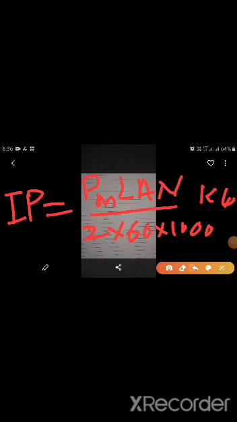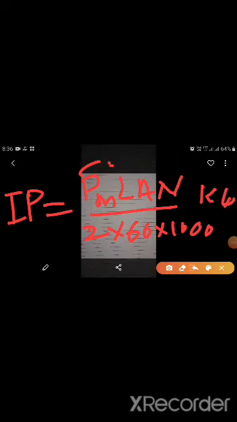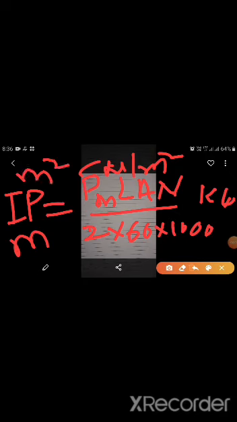So this is the formula for the 4-stroke engine, in which PM is substituted in Newton per meter square, L is substituted in meter, A is substituted in meter square, and N in RPM. So IP equal to PM LAN divided by 2 into 60 into 1000.